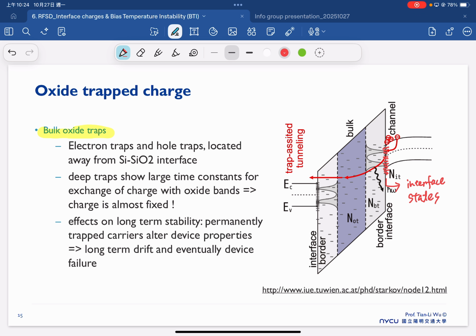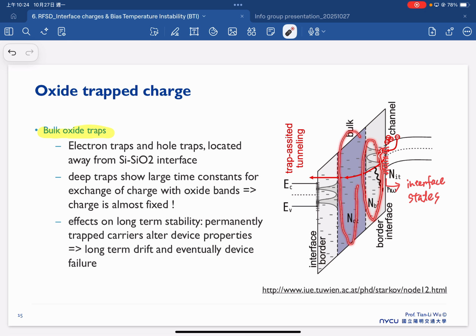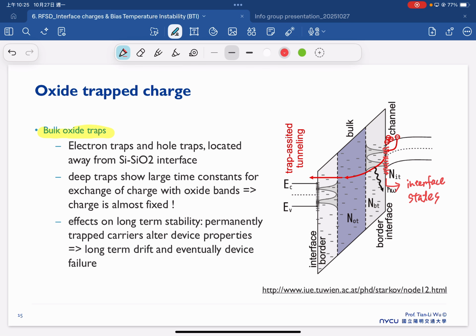And then beyond this, we start to have defects in this region. This region is a little bit deeper, far away from the interface state, but not that far away, in the middle of the dielectric. Therefore, we consider this region the borderline, and the trapping here we call a border trap.